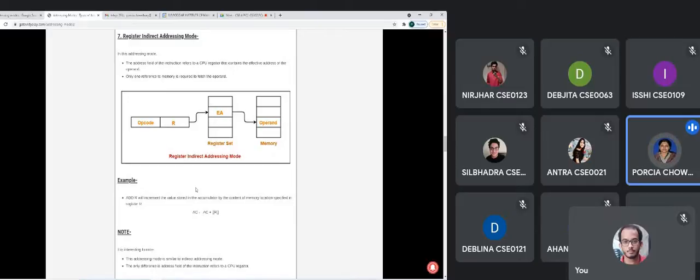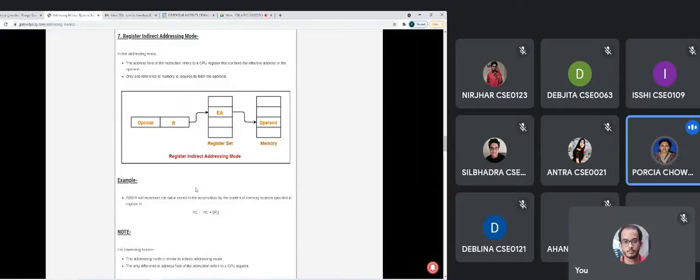And auto increment, auto decrement will be the same. This is basically a part of register indirect addressing mode, but there is a difference, that's why it has a different category. This is similar to the register indirect mode, except that after or before the register's content is used to access memory, it is incremented or decremented by 1.